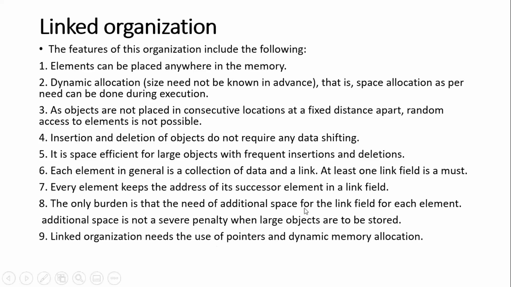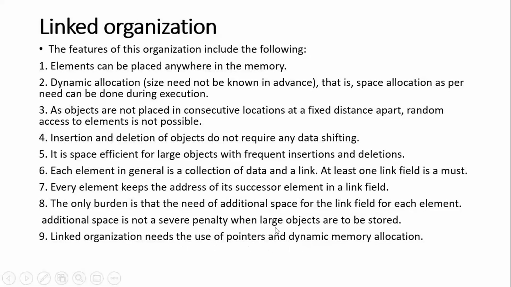What are pointers? Nothing but the links. The link field present in the node is a pointer. And it is dynamic memory allocation because you are not allocating the memory in the program itself, which would be static memory allocation. You are allocating the memory during the runtime of the program.